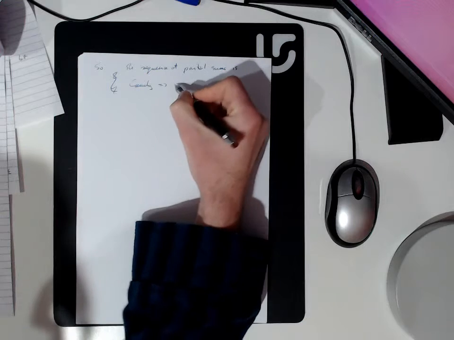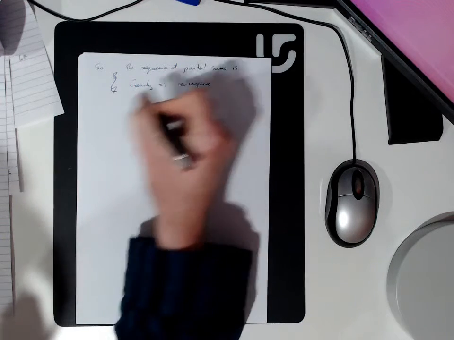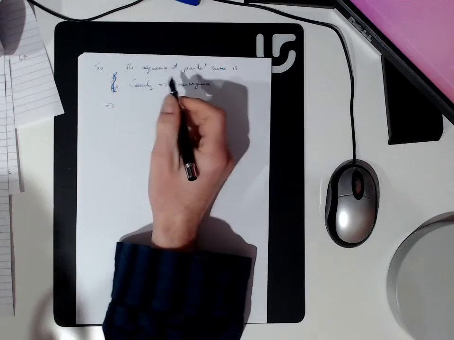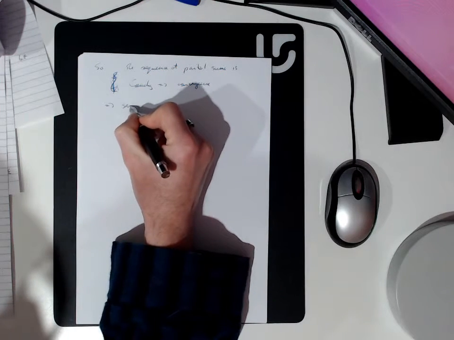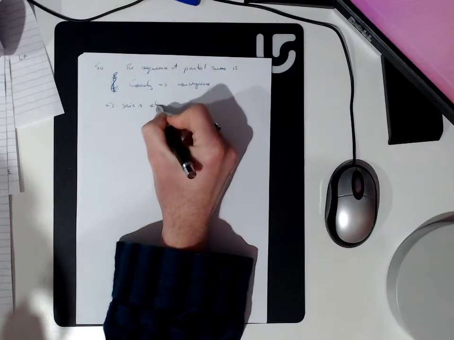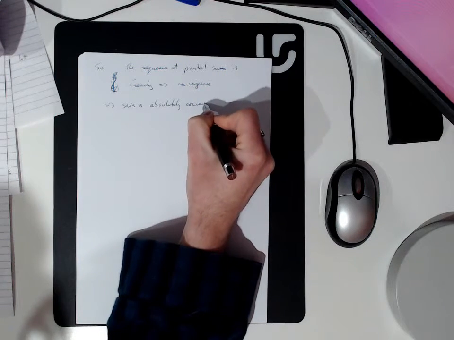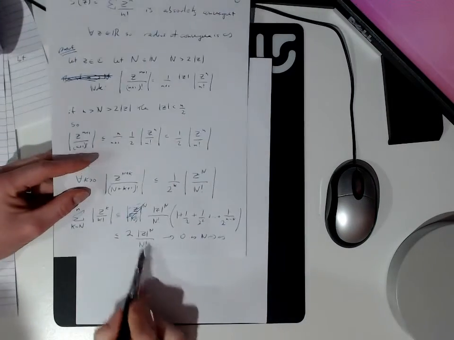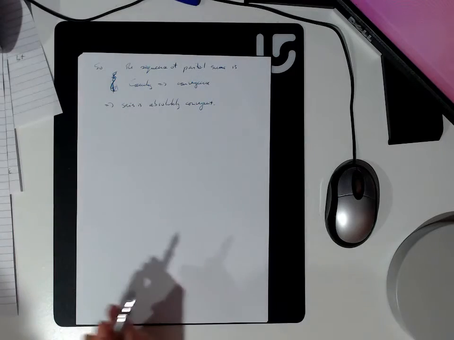And that implies convergence. Because we're talking about partial sums of the modulus of complex numbers, this implies that the series is absolutely convergent. As is needed. You should prove this.